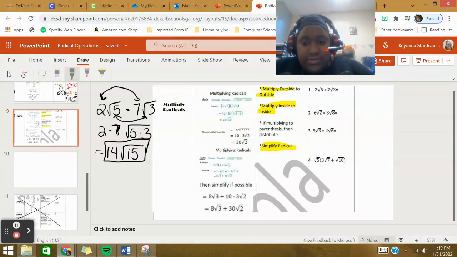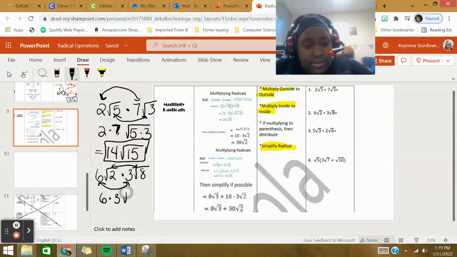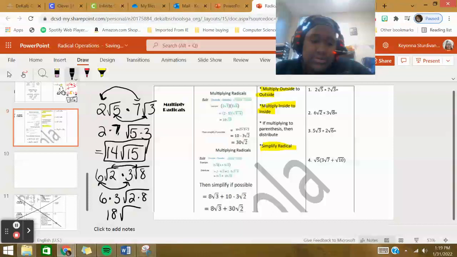All right, let's look at number 2. We have 6 square root of 2 times 3 square root of 8. Remember, we're multiplying the 2 outside numbers together and the 2 inside numbers together. So for number 2, you'll get 6 times 3, and then under the radical, you'll get 2 times 8. So 6 times 3 is going to give me 18, and 2 times 8 is going to give me 16. Now, the only problem with number 2, guys, is this actually simplifies.